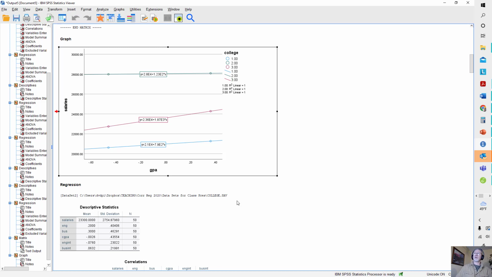But it is showing you what we saw at the beginning, that the engineers are making the most with hardly any slope, GPA not mattering much. For business majors GPA matters the most, and they are making the second most. Liberal arts GPA matters some. Liberal arts is making the least.